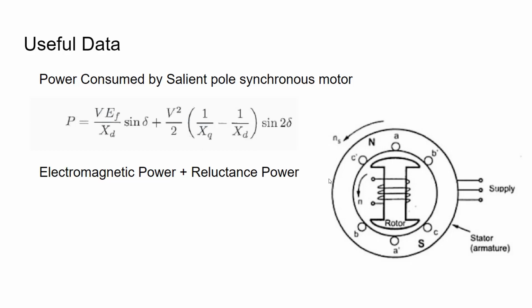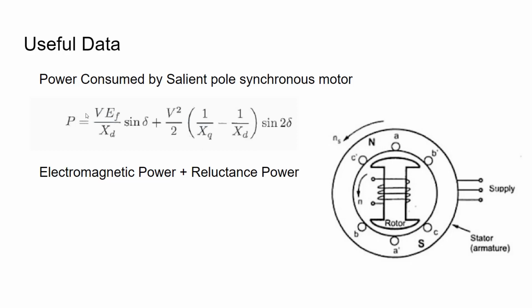So the power consumed by the salient pole synchronous motor is P equals V into EF divided by XD into sin delta plus V square by 2 into (1 by XQ minus 1 by XD) into sin 2 delta, where delta is the rotor angle, XD is the reactance of the direct axis, XQ is the reactance of the quadrature axis, E is the EMF induced in the motor and V is the terminal voltage of the motor.